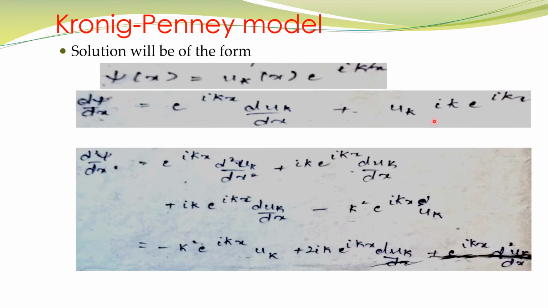Same thing we will do here. Keeping e raised to ikx constant, we differentiate uk, that will be duk upon dx. Then we keep uk constant and differentiate e raised to ikx. So the final term that we get is minus k square e raised to ikx into uk.